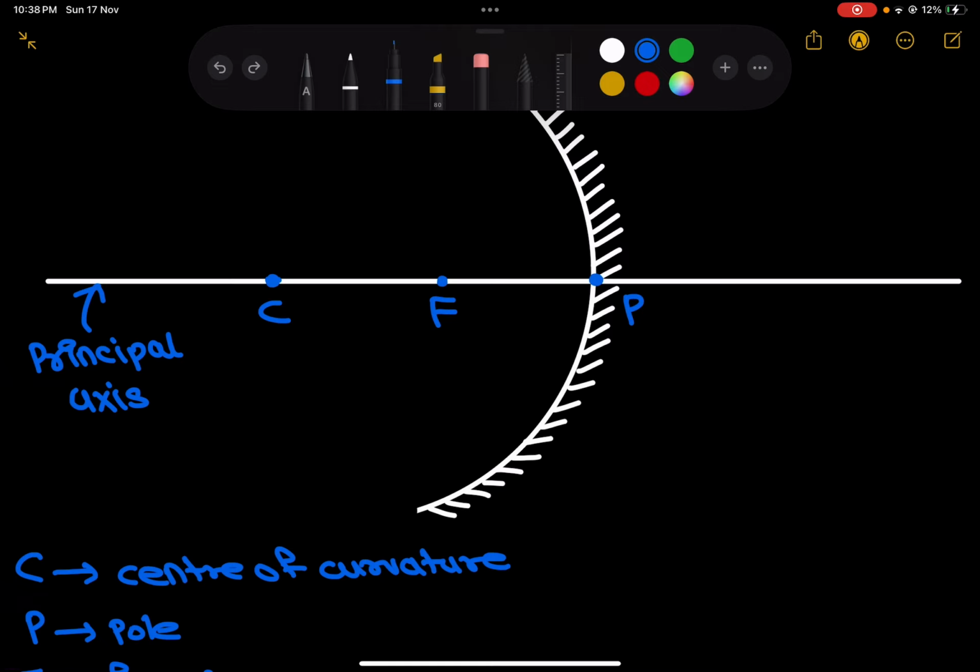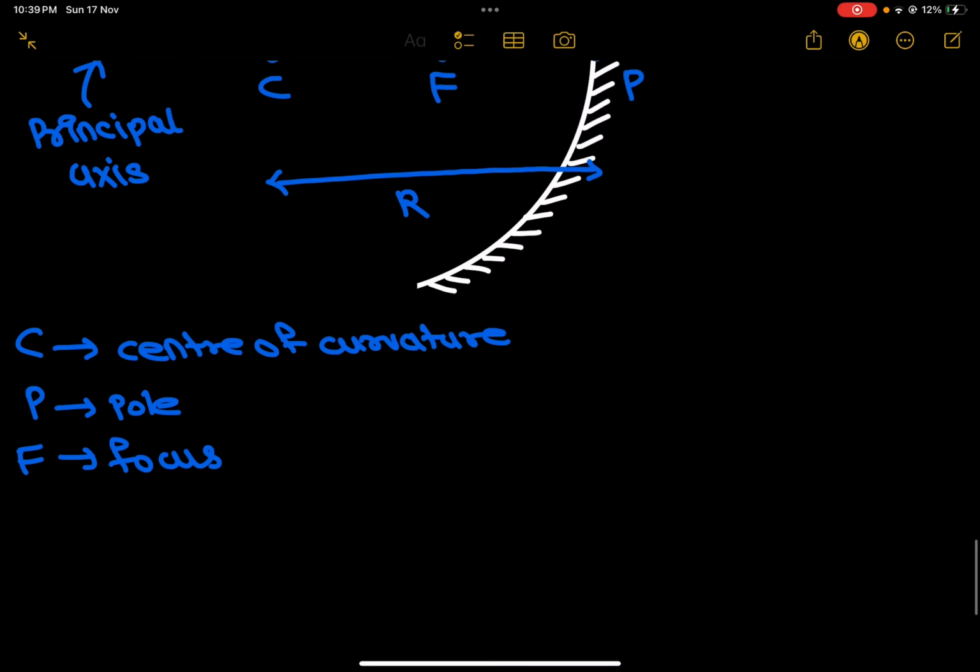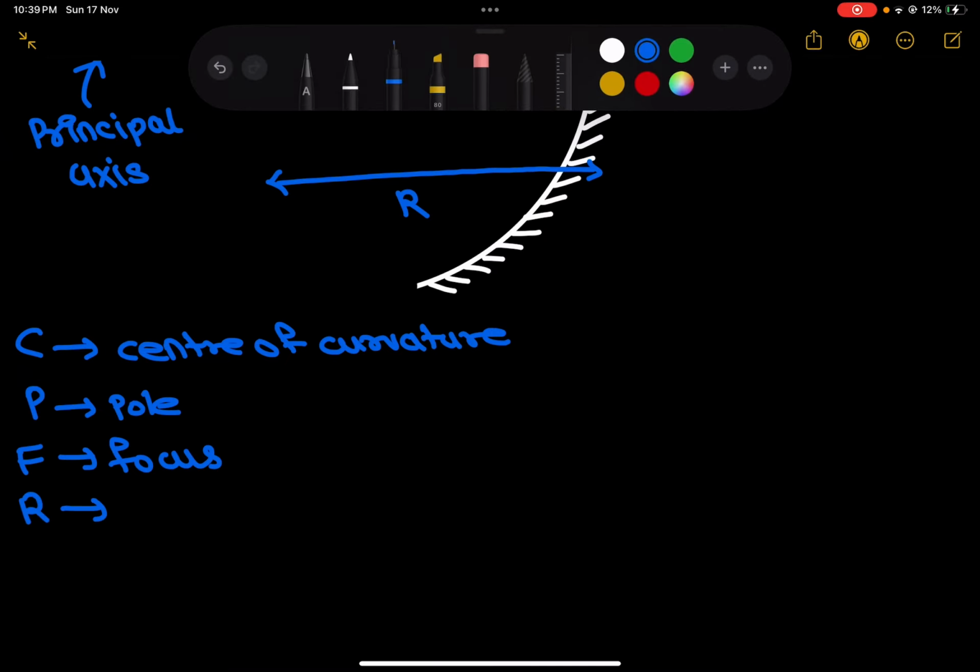Okay, simple. Now the distance between center and pole is known as radius of curvature. So here R is the radius of curvature.